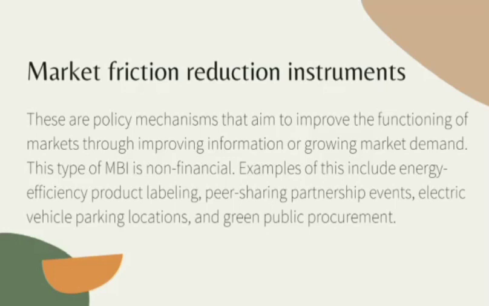Examples of these include energy efficiency, product labeling, peer sharing, partnership events, electric vehicle parking locations, and green public procurement. So the market friction reduction is a non-financial MBI that improves the functioning of market through policy.